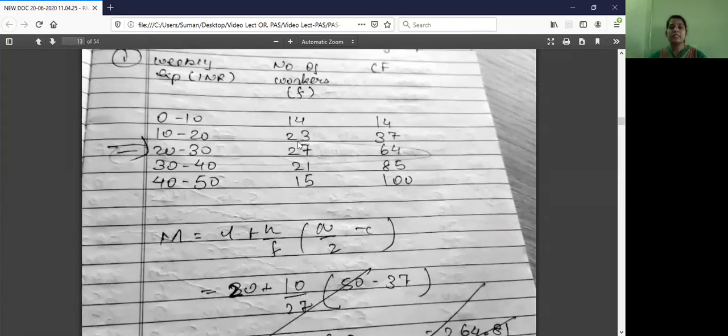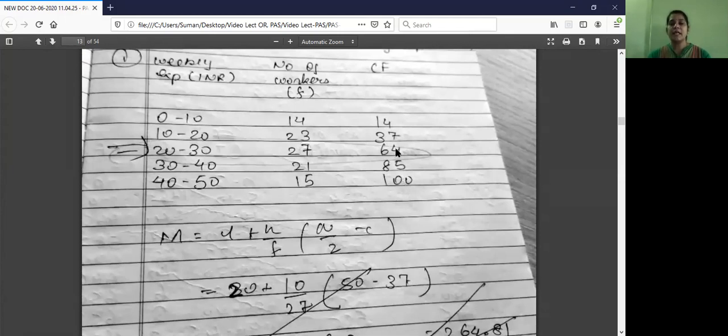And the last is 85 plus 15, equal to 100. So this is a less than type frequency distribution because our CF is in ascending order. If our CF is in ascending order, then this type of frequency distribution is less than type.